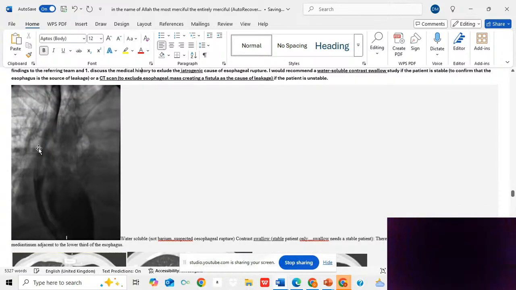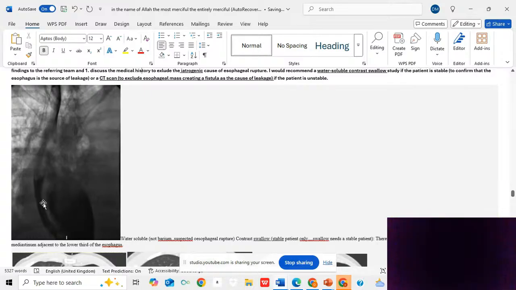So, what do you expect to see on water-soluble contrast swallow? Leakage of the esophageal content. The patient swallowed and the water-soluble contrast is seen passing here, and once it passes through the area of esophageal leak, it goes like this.